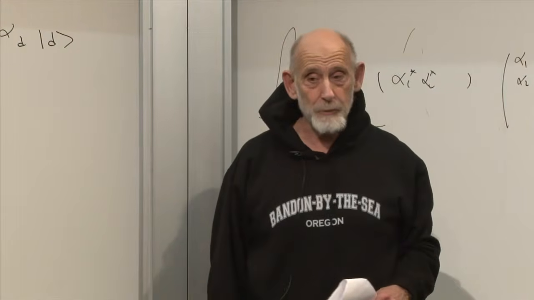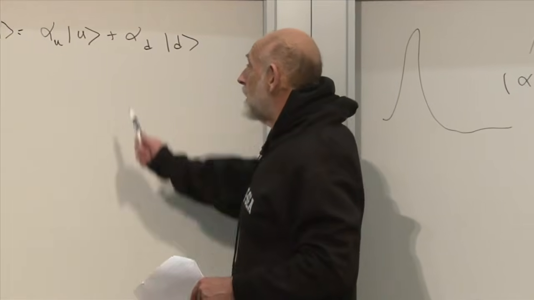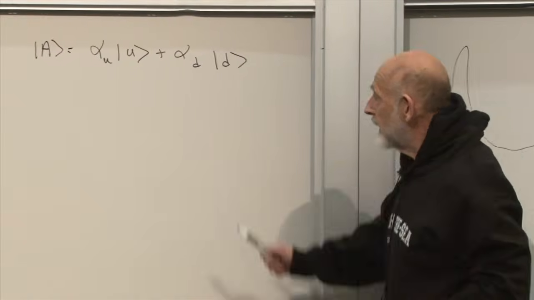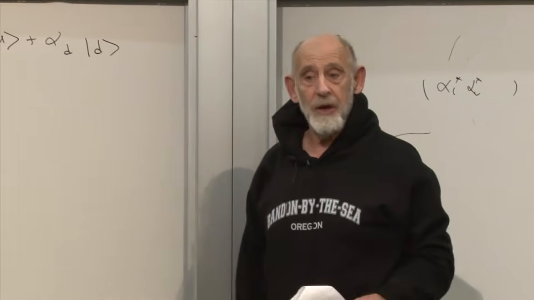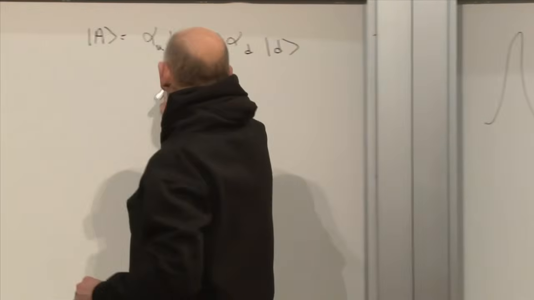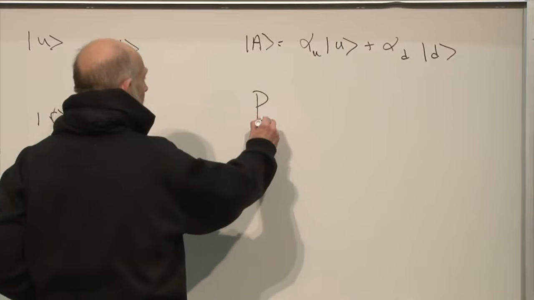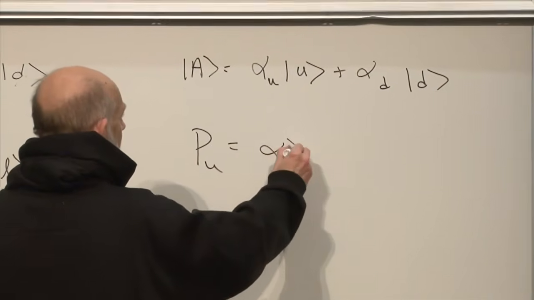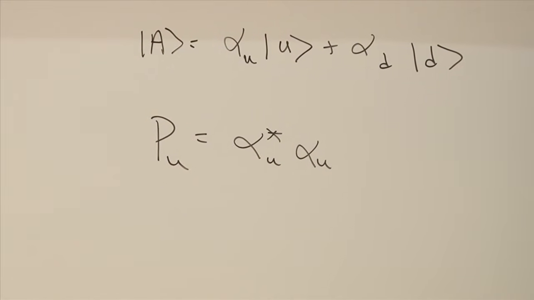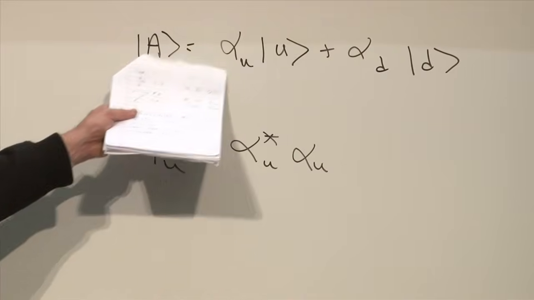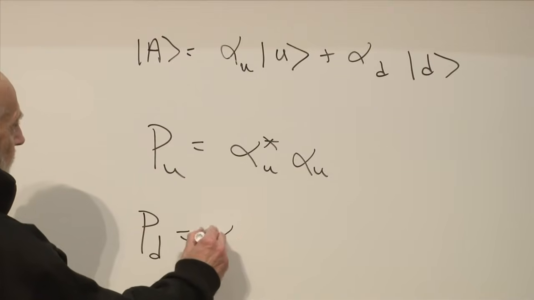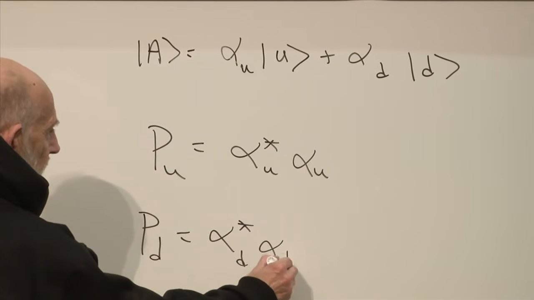Next postulate. The next postulate is that if somebody prepared us an electron or a spin in this state and we measured up and down, we would find probabilities for up and down, and those probabilities would be: probability for up is the square of the magnitude of this coefficient, and probability for down is equal to alpha star down, alpha down.